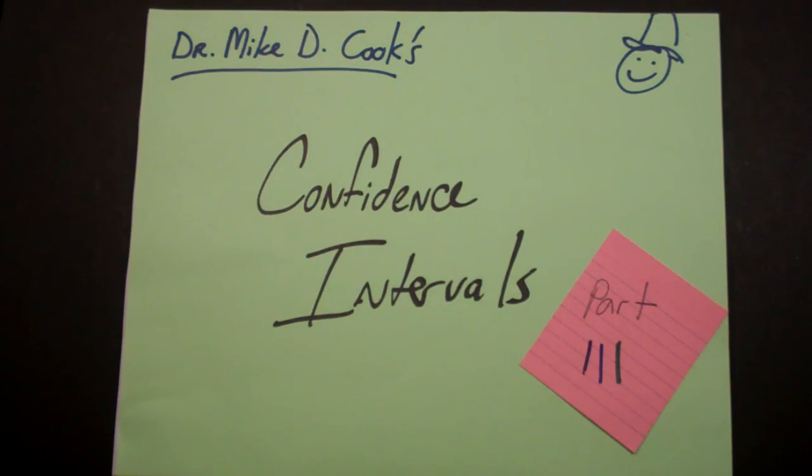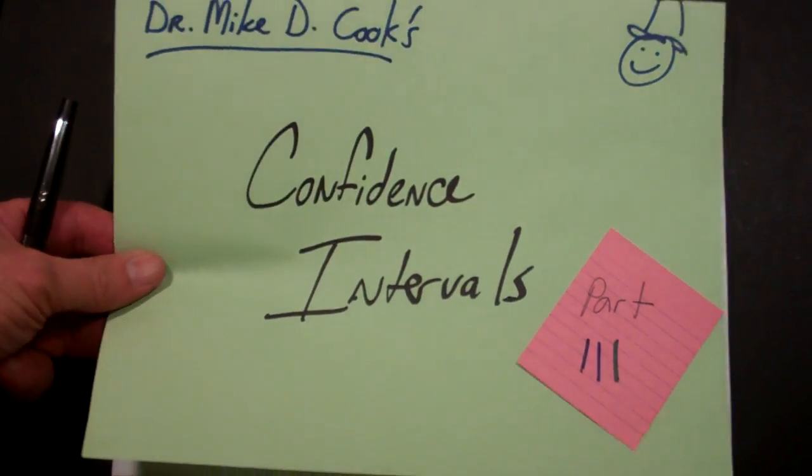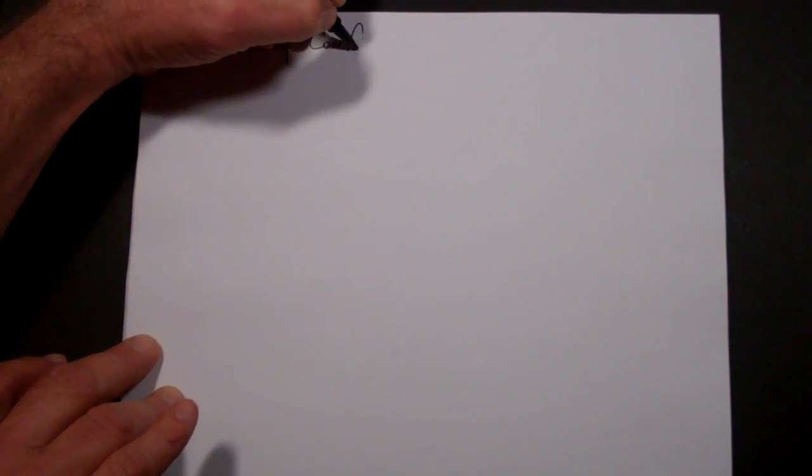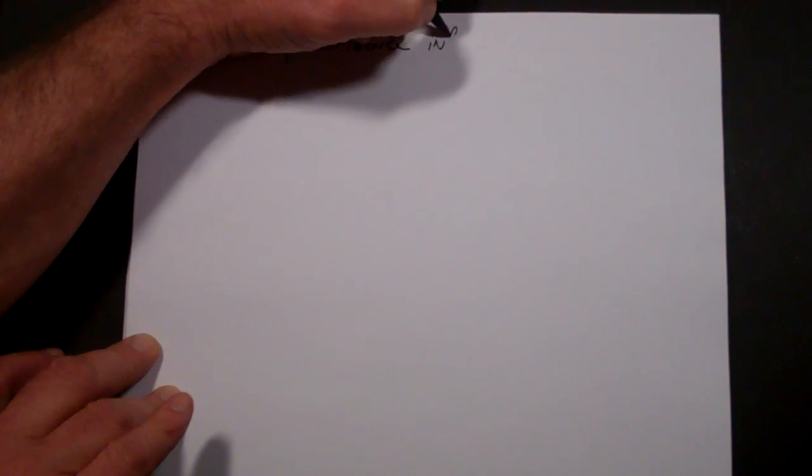This is the third in a series of videos on confidence intervals, and in this one we're going to focus on how to construct confidence intervals. And the key to constructing confidence intervals is that there's really two parts to every confidence interval.